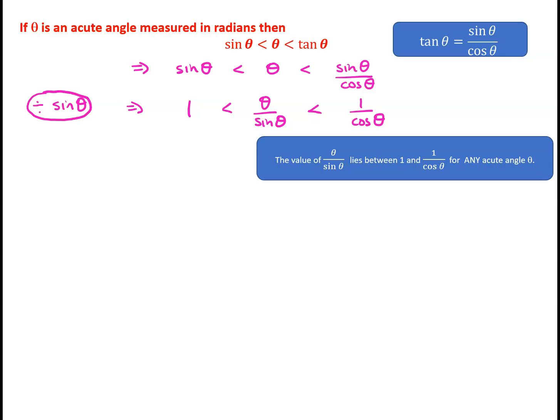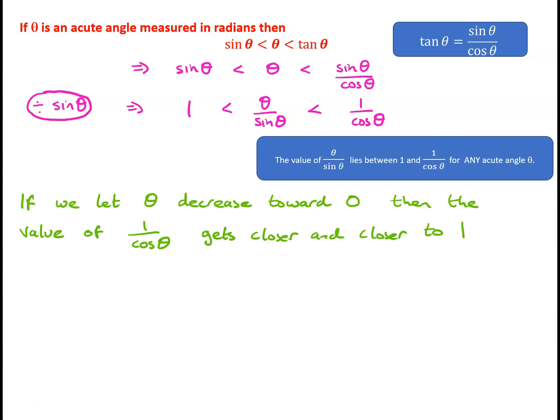If I let theta decrease towards 0, then I know that cos theta gets closer and closer to 1, so the value of 1 over cos theta will get closer and closer to 1.